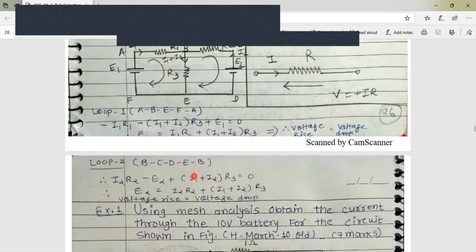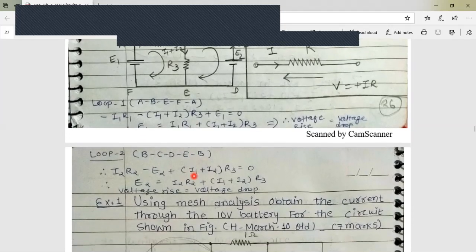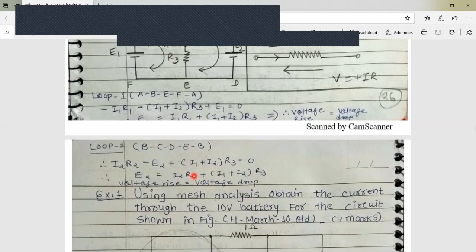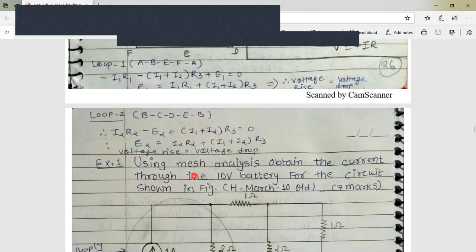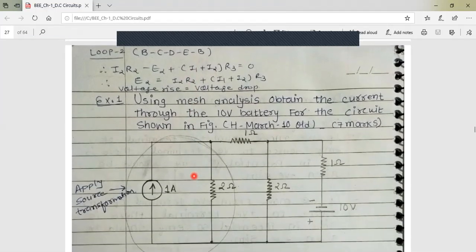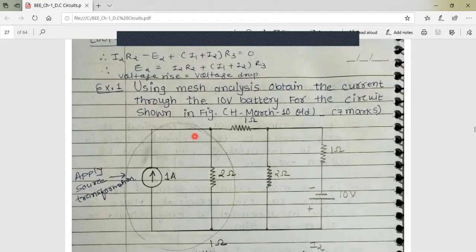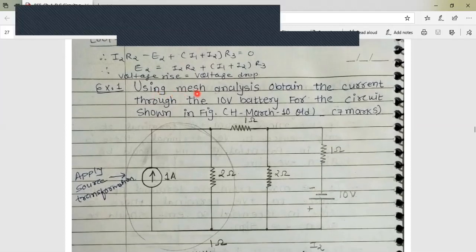Now we will see one example based on Kirchhoff's voltage law. See this circuit. This is the definition: using mesh analysis, obtain the current through the 10-volt battery for the circuit shown in the figure.